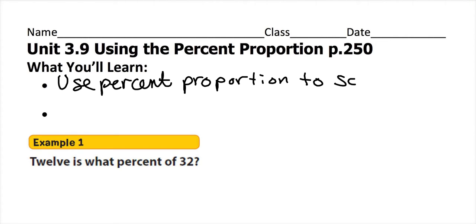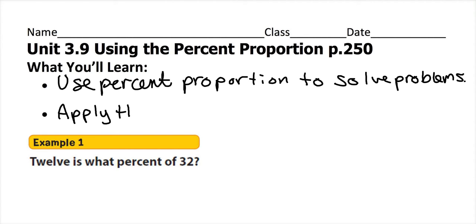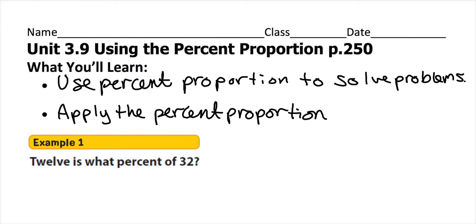And we're also going to apply the percent proportion to real world problems. Okay?